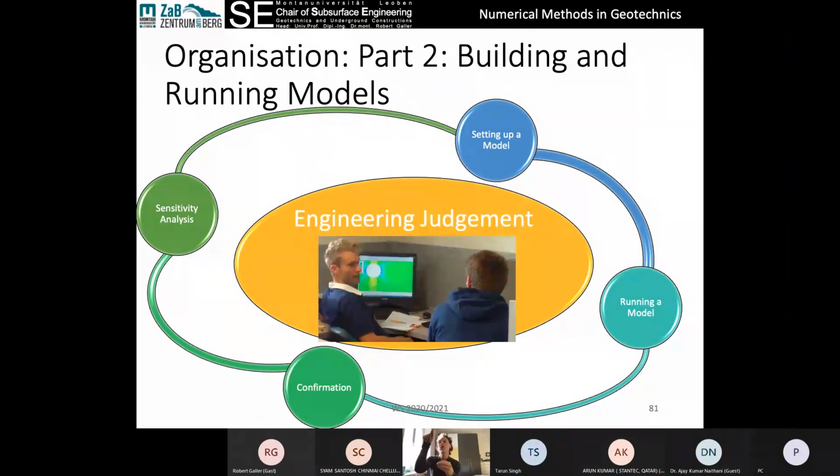And this is what then triggers a change and the looping through of our loop. We do a little bit of sensitivity analysis when we're doing our confirmation. If we have to change our boundary conditions or our mesh, for example, then we might be changing our boundary conditions a few times, rerunning. And then once we're happy that the model is confirmed, we do a sensitivity analysis specifically for design.